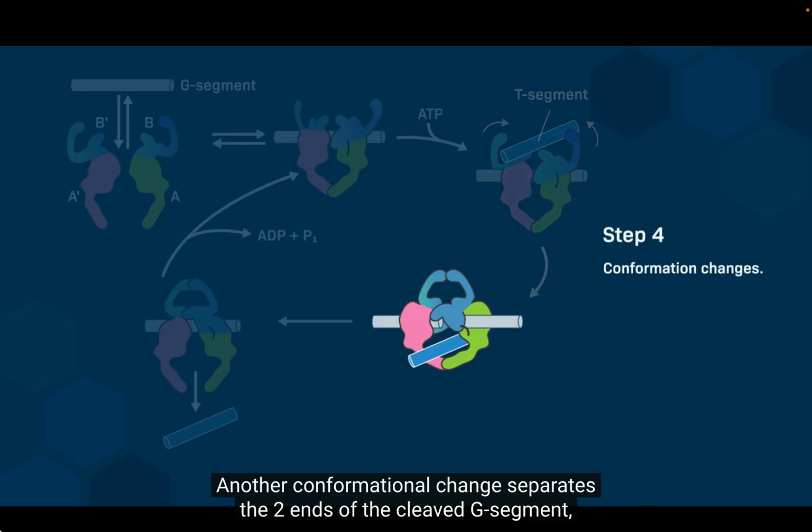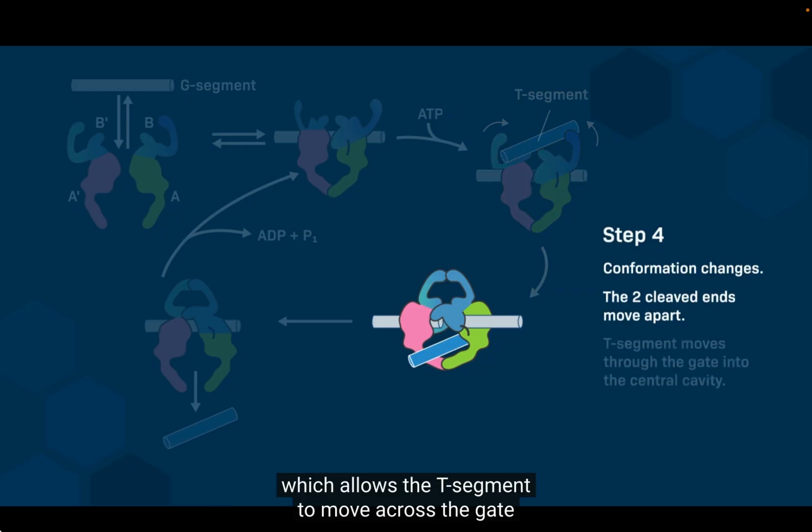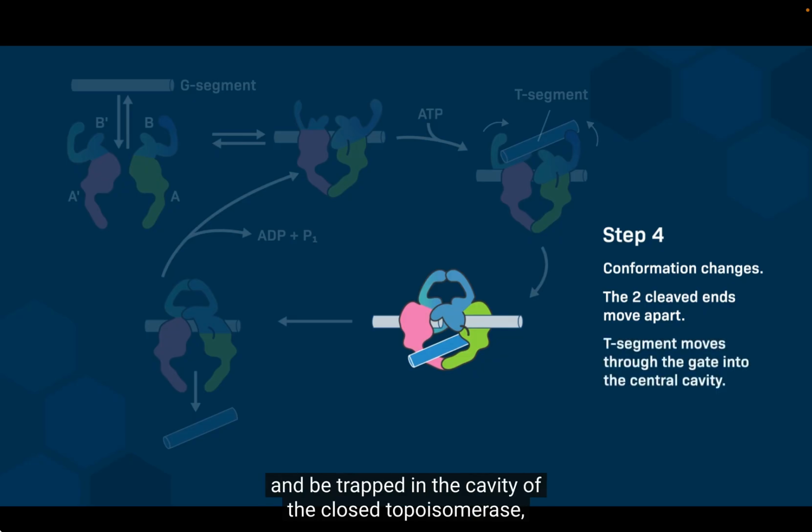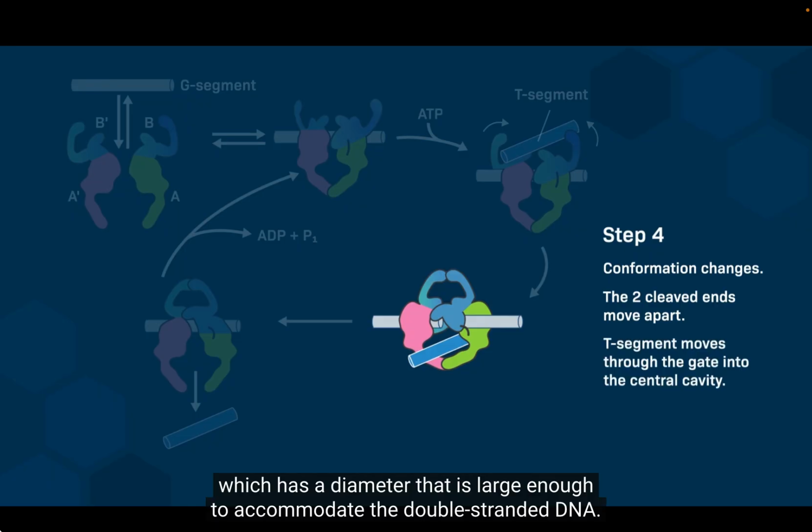Another conformational change separates the two ends of the cleaved G segment, which allows the T segment to move across the gate and be trapped in the cavity of the closed topoisomerase, which has a diameter that is large enough to accommodate the double-stranded DNA.